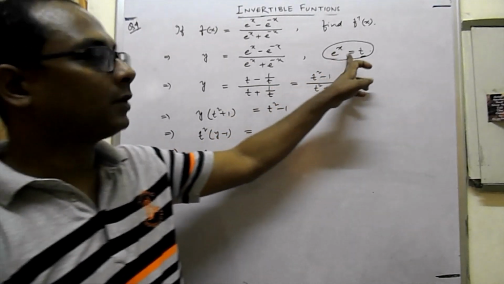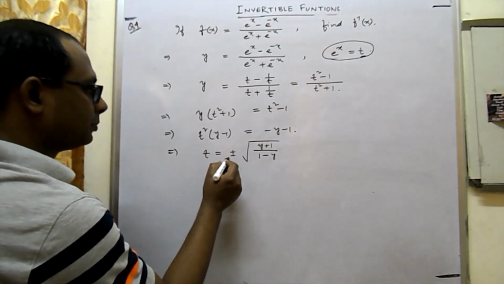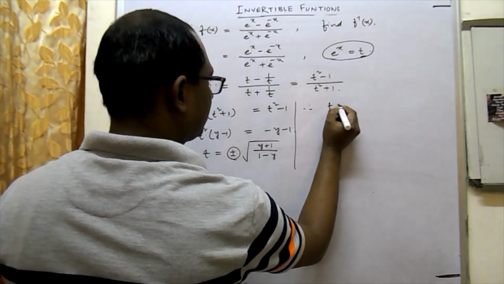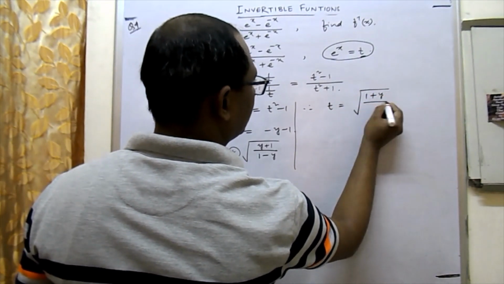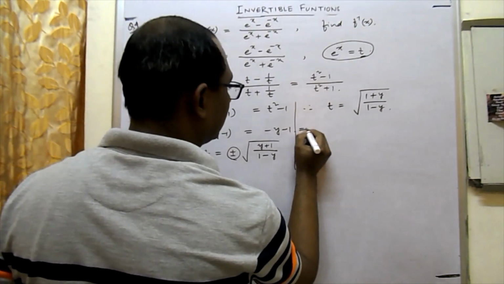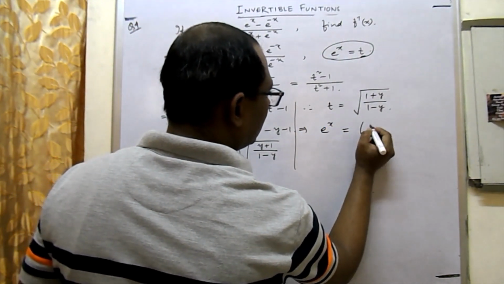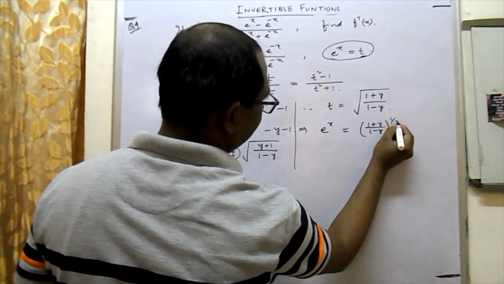Okay, what is t? e to the power x. E to the power x we know to be always positive, so there is no place for a negative sign here. So t will be equal to the positive square root of (1 plus y) by (1 minus y). Let's rewrite the value of t: e to the power x equals ((1 plus y) by (1 minus y)) to the power half.